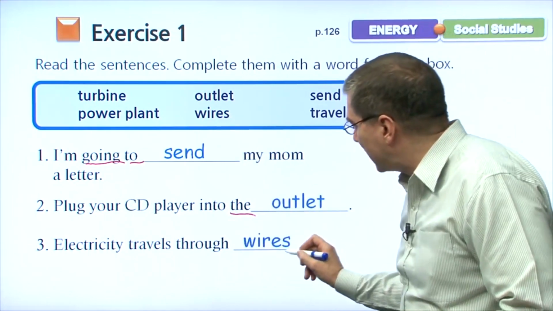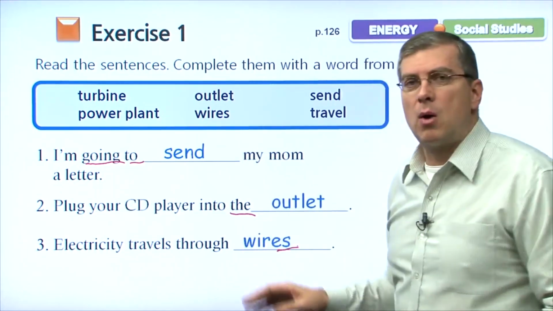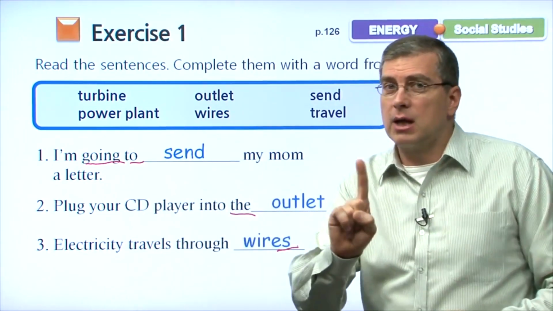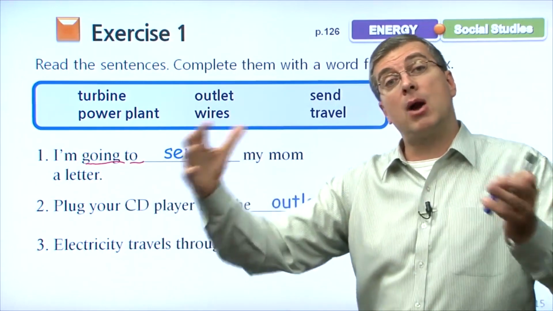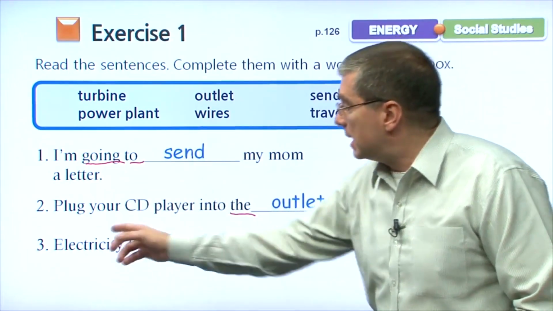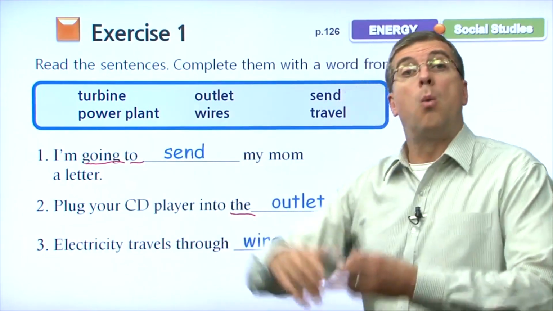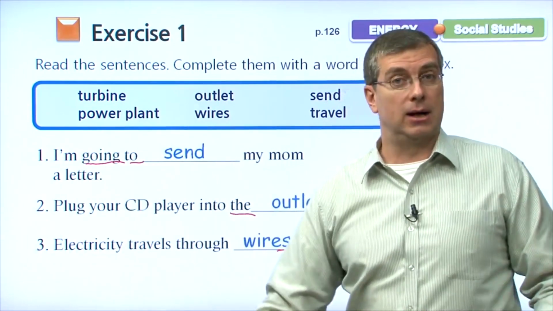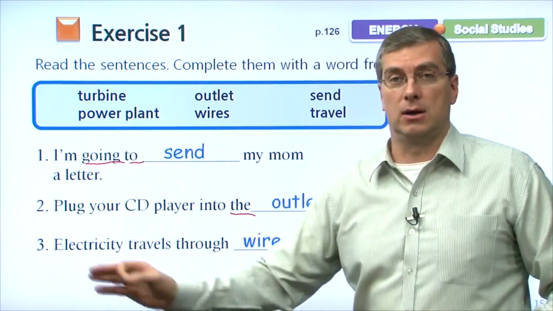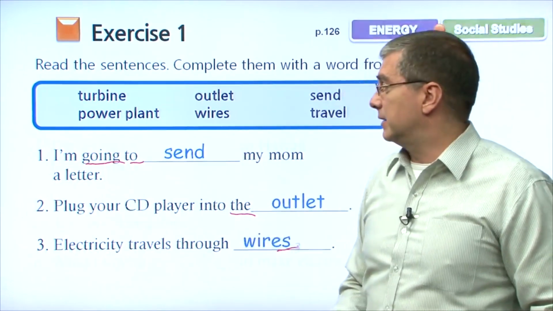And notice we're using S. We're using plural because we're talking about wires generally. Many wires. We're not talking about one wire. We're talking about all wires. So we need to use S, plural form. Electricity, generally, travels through wires. There are many wires. So we talk about it in the plural sense. Wires. Okay?